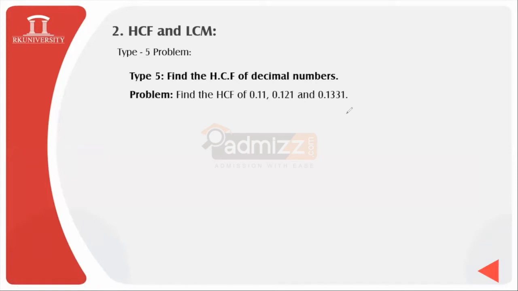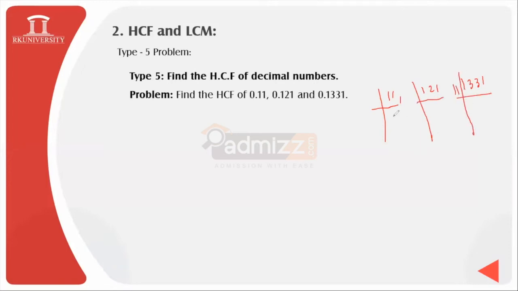As step number 1 is quite simple, we need to find the HCF of the given values neglecting the decimal point. So we will find the HCF of 11, 121 and 1331.